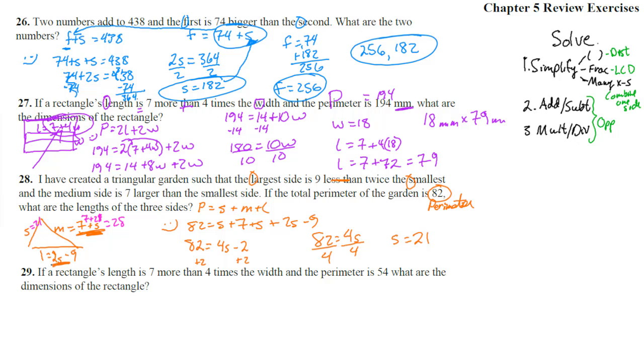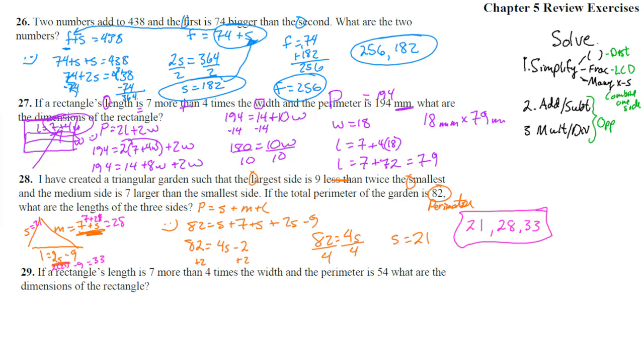And this is 2 21s, which is 42 minus 9. 42 minus 9 is 33. So the three sides are 21. We don't have feet or inches or meters, so it's just 21, 28, and 33. Excellent.